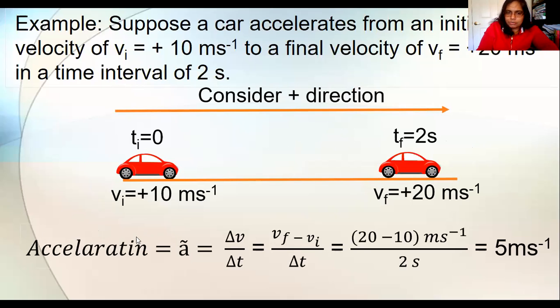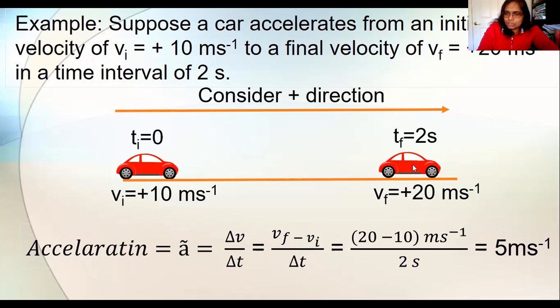So the acceleration, see this little symbol here high above the A, that indicates that the A is a vector. For a vector quantity, we can use either this symbol or a little arrow on top. Okay, so acceleration is delta V, that's the change of velocity over the change of time. So it's V final minus V initial divided by the time.